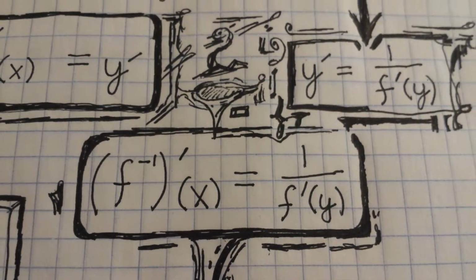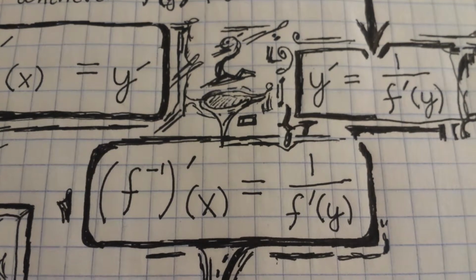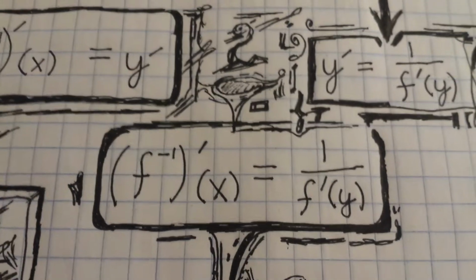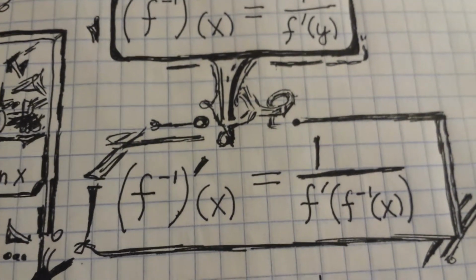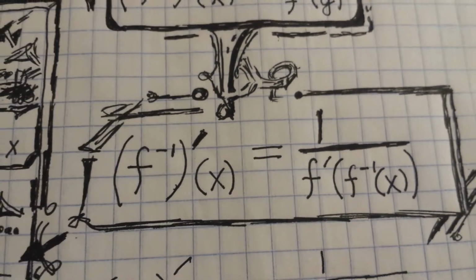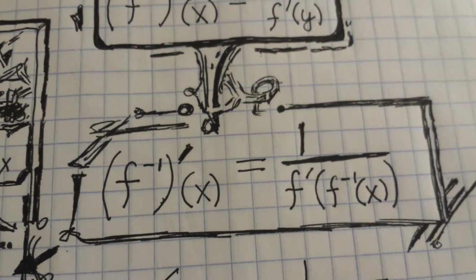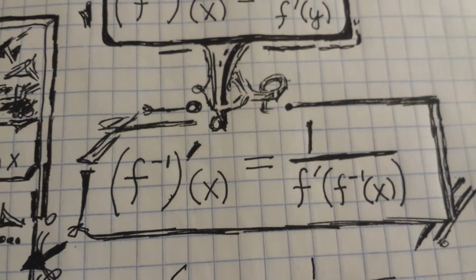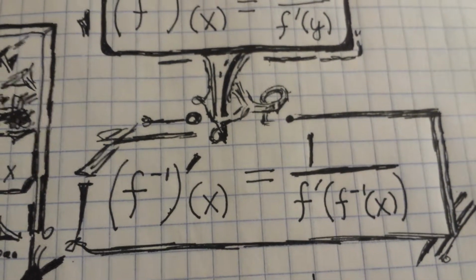The inverse function of f prime of x equals 1 over f prime of y, which leads to this equation. The inverse function of f prime of x equals 1 over f prime of the inverse function of f of x, okay?